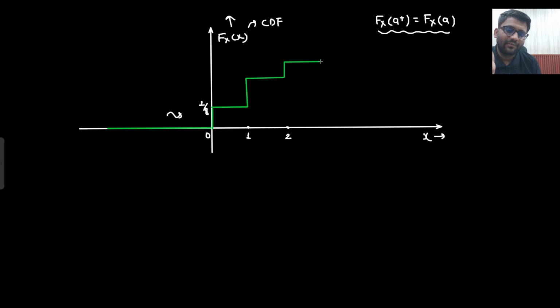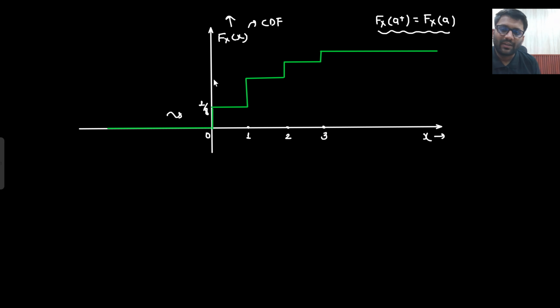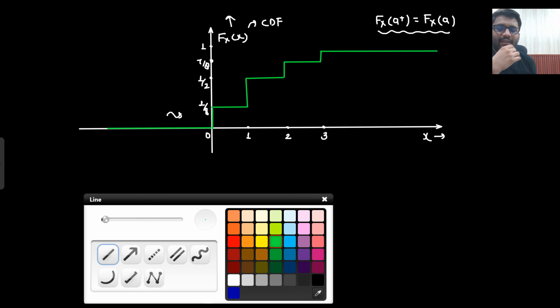And then when x took the value 3, it became 1, and then it always remained 1. So this kind of graph we are getting: 1 by 8, 1 by 2, 7 by 8, and 1.